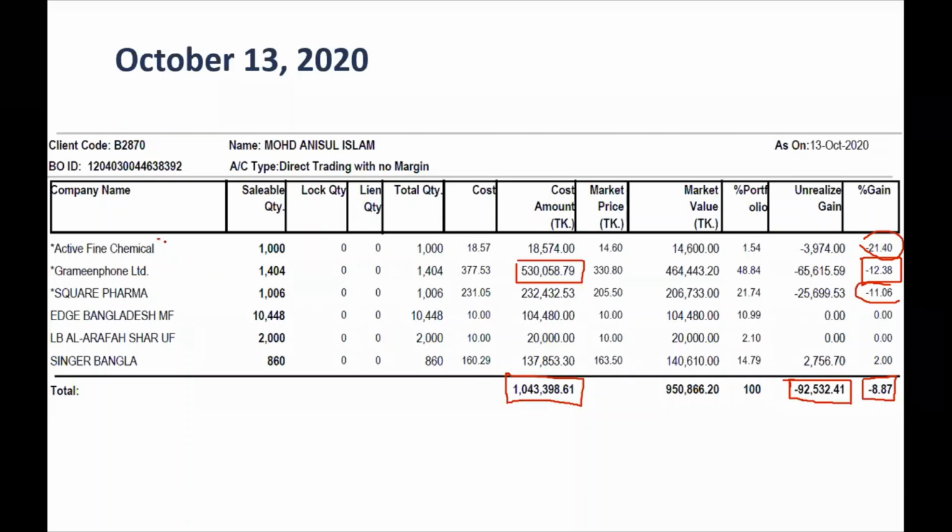How has it become possible? Because of the portfolio approach, because of investing in more than one instrument, not concentrating in only one instrument. Have you got the point why we need to think of the portfolio when we make investment?